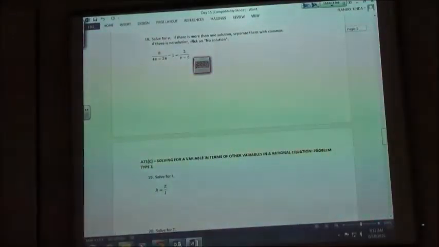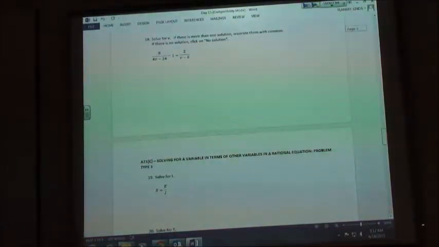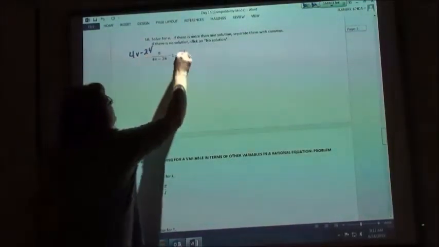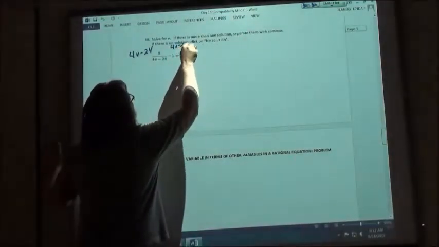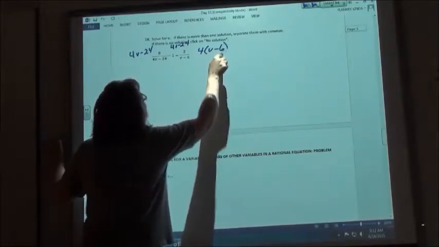So number 18, same kind of thing. I'm going to multiply by my common denominator. My common denominator would be 4v minus 24. So 4v minus 24, and then over here I'm going to write it as 4 times v minus 6 and put it in factored form since I don't have that whole thing in the denominator.